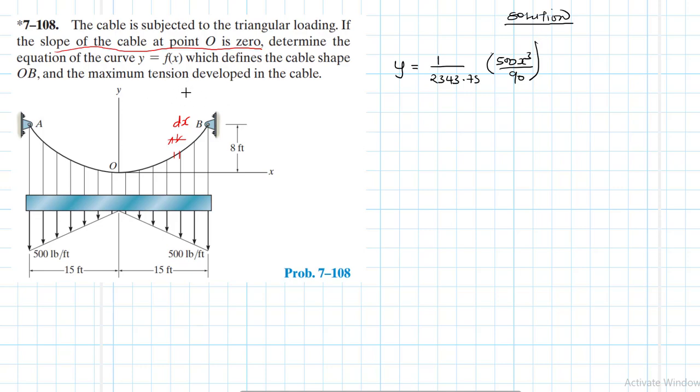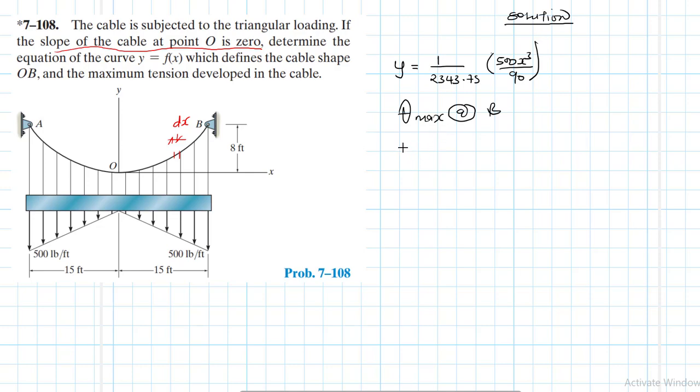We've also been asked to find the maximum tension. The maximum tension is at the point where we have the maximum angle. And we know that the maximum angle is going to be at B. Okay?